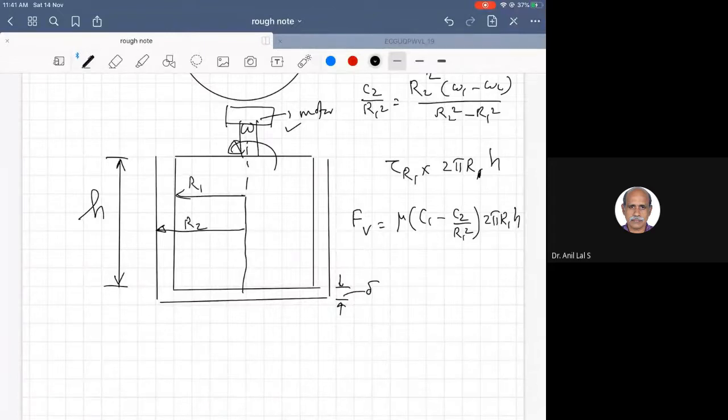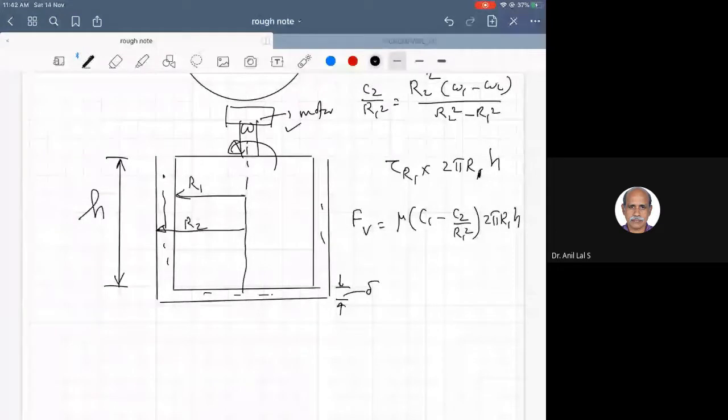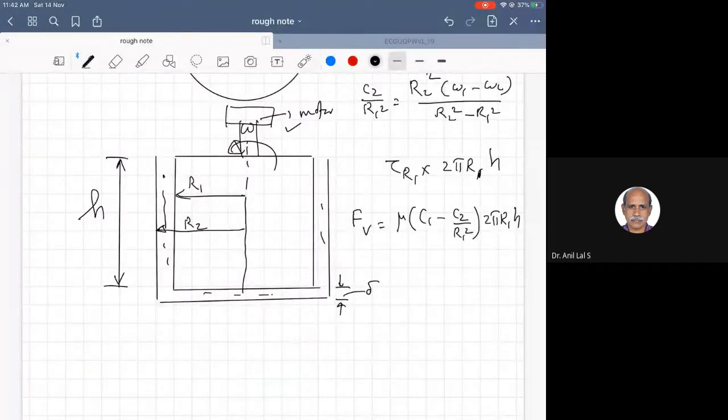There's a fluid here. For its rotation, depending upon the viscosity of the fluid, the torque requirement will be different. So we can measure the torque required for driving this.